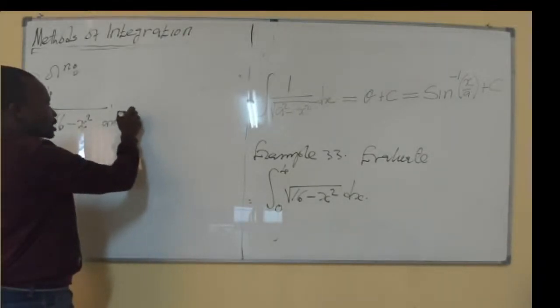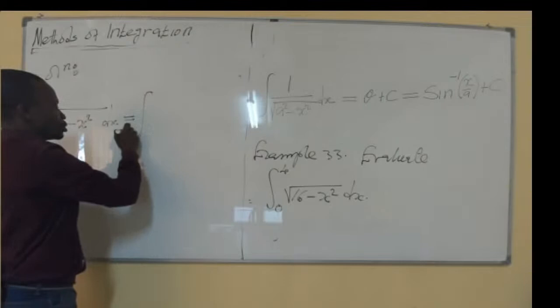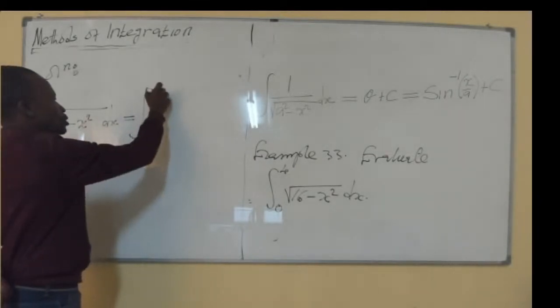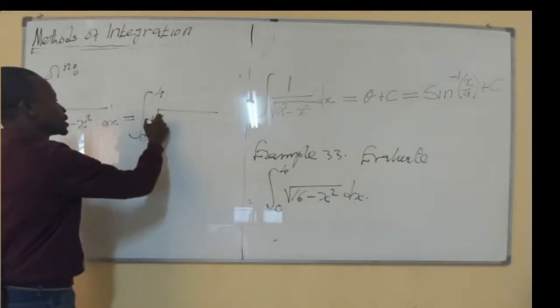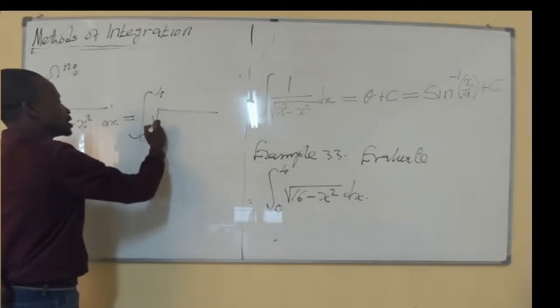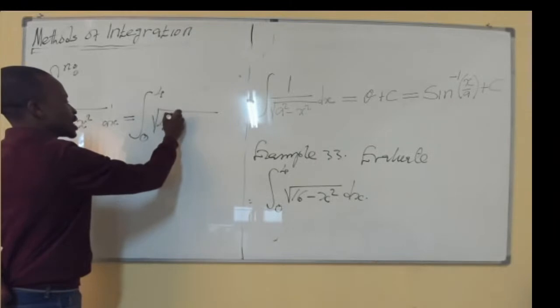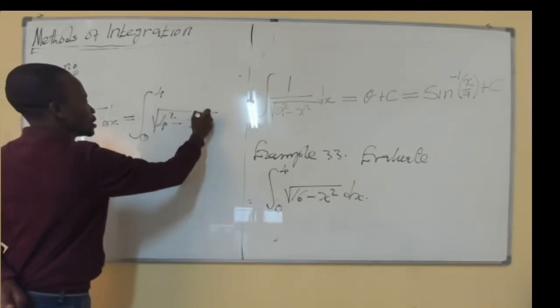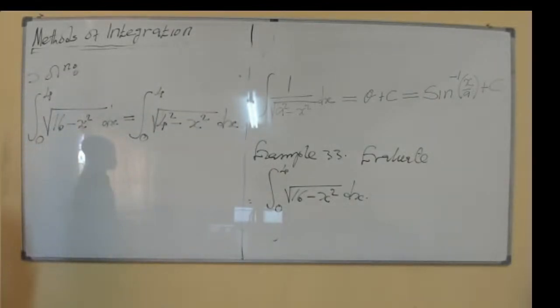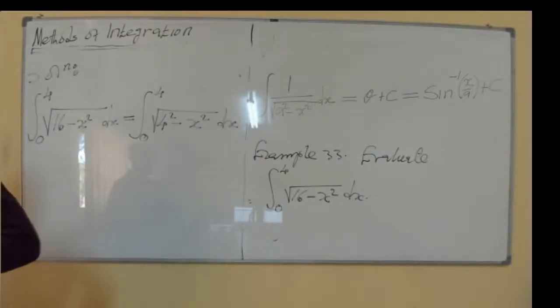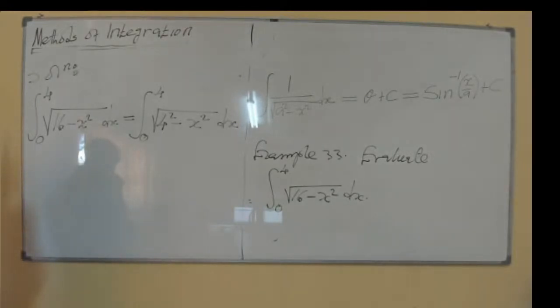This is the same as the integral from 0 to 4 of the square root of 4 squared minus x squared dx. I guess everyone is following.